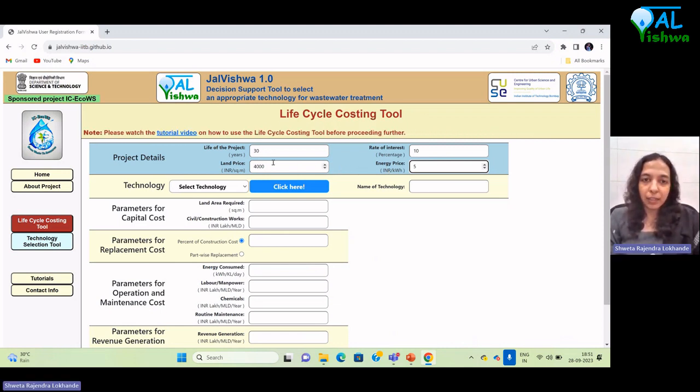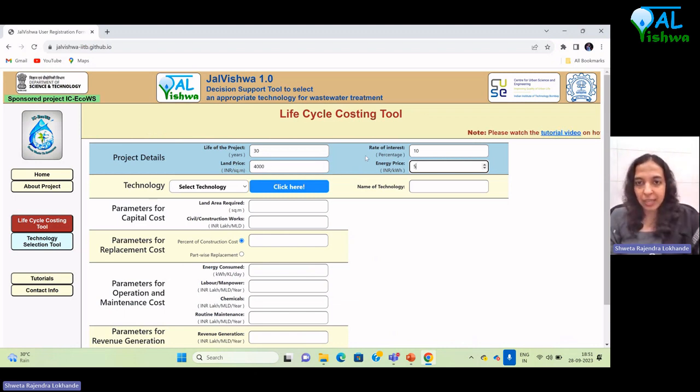So even if one technology is adopted in two cities, or one in a rural and one in an urban area, for the same technology the life cycle costs will be different because of the differences in the land price and the energy tariff at the two areas.